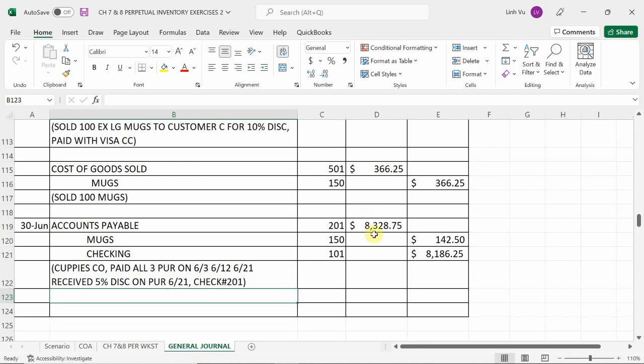Yes, because in this case, it's a condition. You don't get the discount until you pay. So in this case, I haven't paid for it yet, and that's one of the things that I still owe that money. Yes. But all the discounts we are getting for broken things and such should be updated by then. That's why the balance is 8,328.